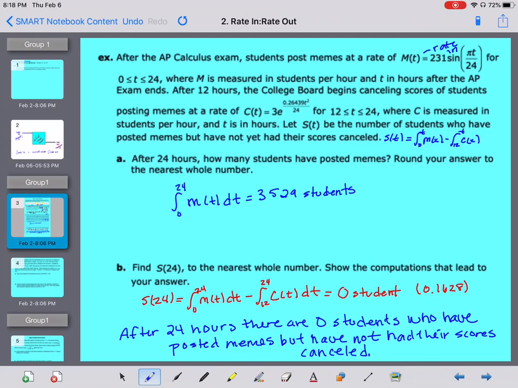So within a 24-hour period, everybody that posted a meme had their scores canceled.